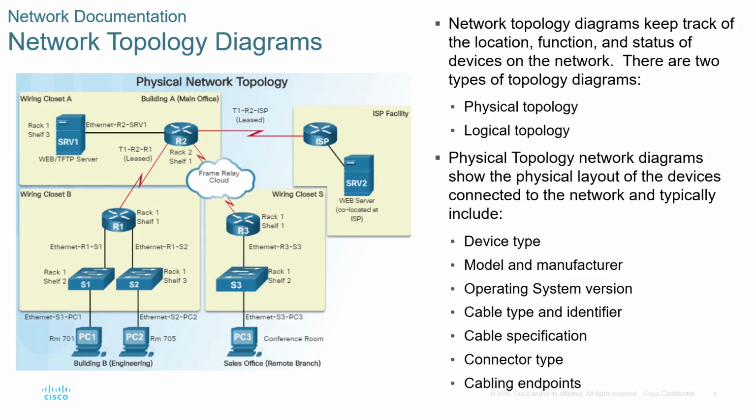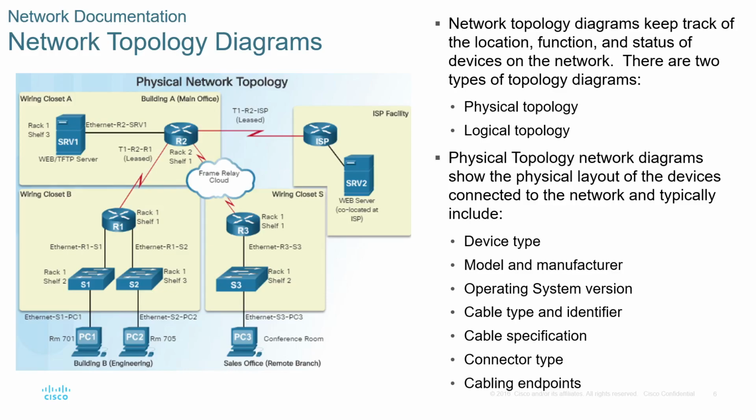Now, the physical topology, just as I already mentioned, will include the device type, the model, manufacturer, operating system version, the IOS version, the cable type. So if it's an Ethernet cable, if it's a fiber optic cable, we're going to have this information highlighted in the physical topology as well. If there's a serial connection between the routers, it's also going to be highlighted.